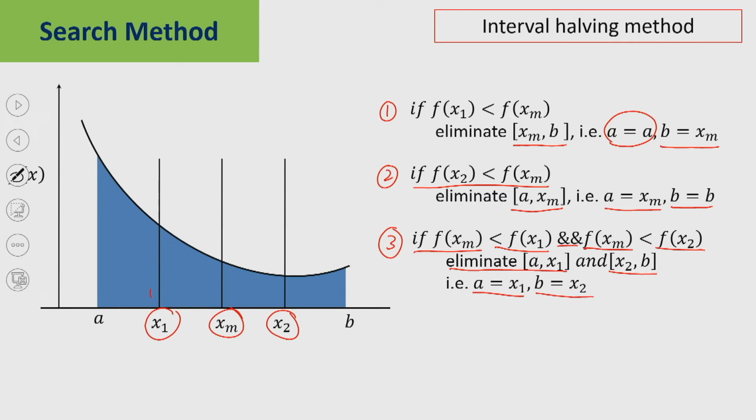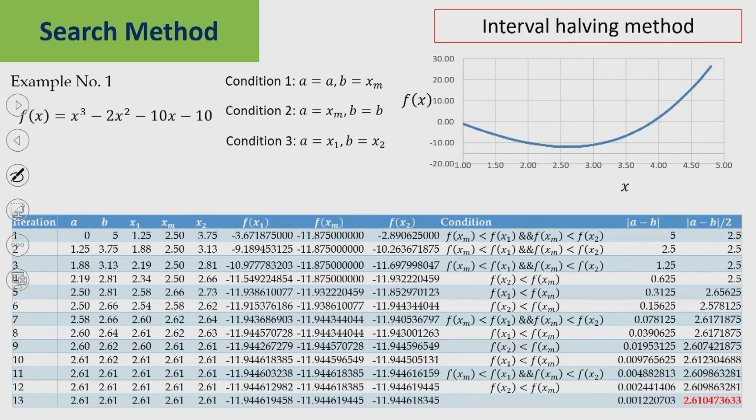So, if you take these 3 points, one of these 3 conditions will be true, and accordingly you change your lower bound and upper bound. Let us apply this. I have taken this function between 0 and 5, that means the lower bound is 0 and the upper bound is 5, and within that region this function is unimodal.